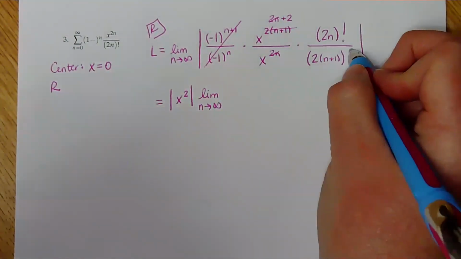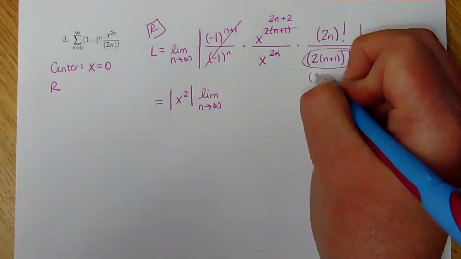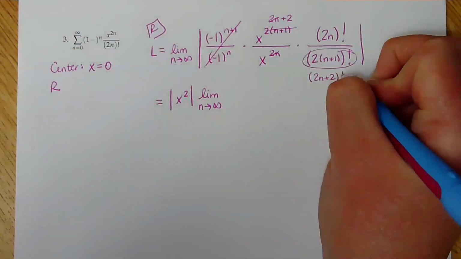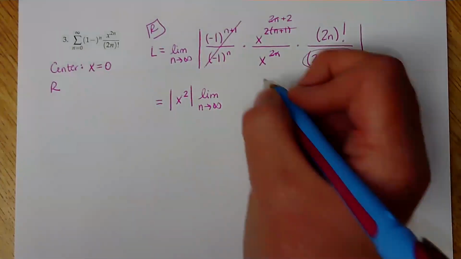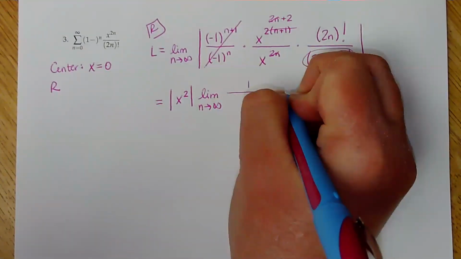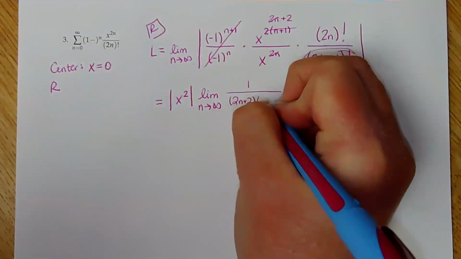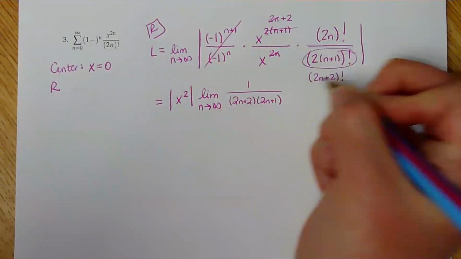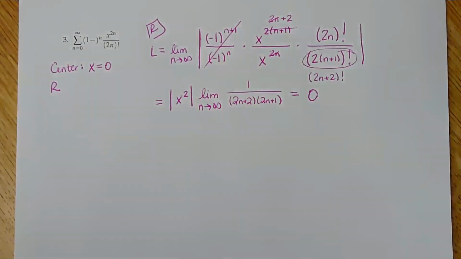And a (2n) factorial over a (2n plus 2) factorial leaves me with 1 over (2n plus 2)(2n plus 1). And as n goes to infinity, this whole thing is going to 0.